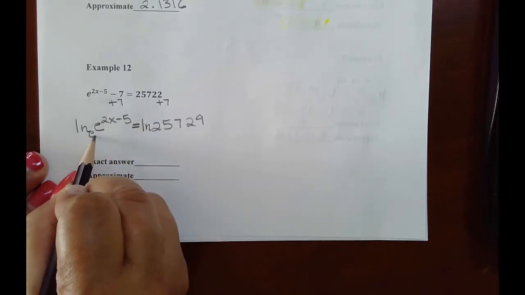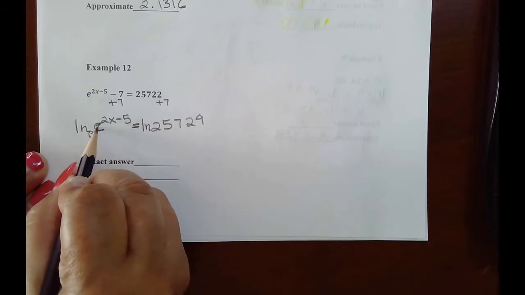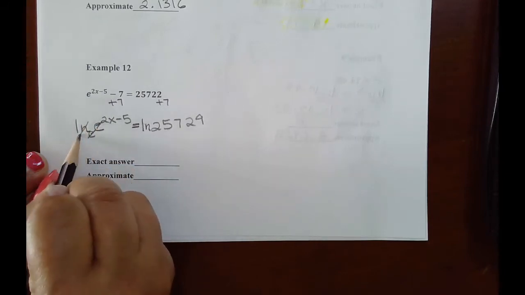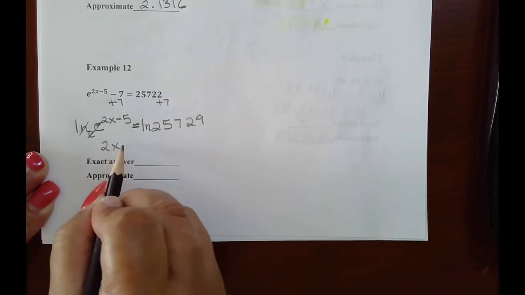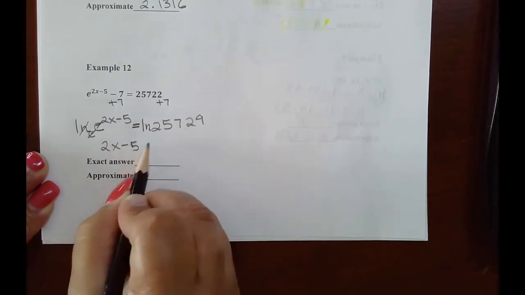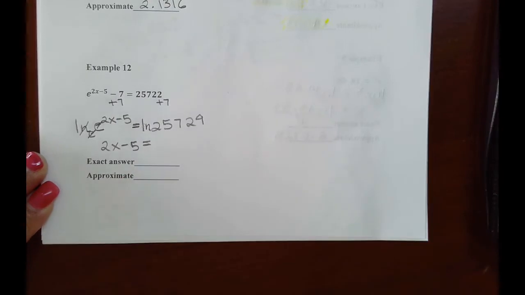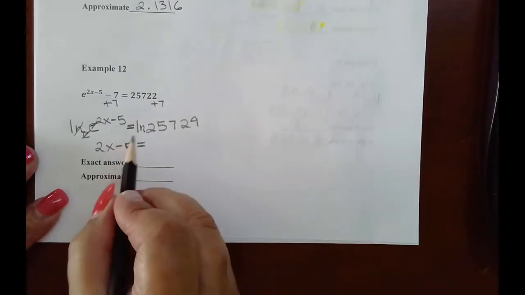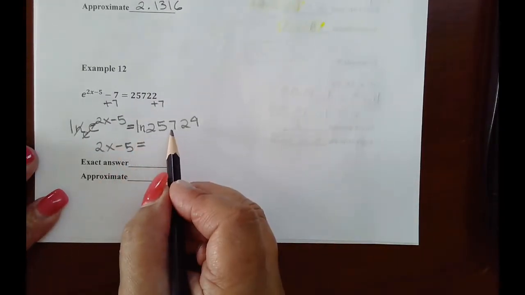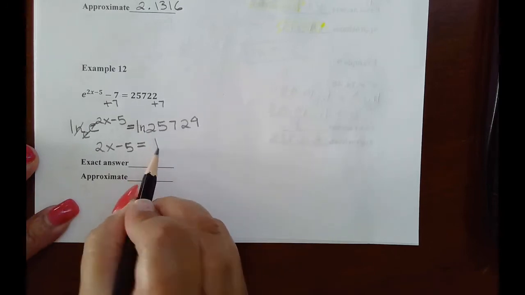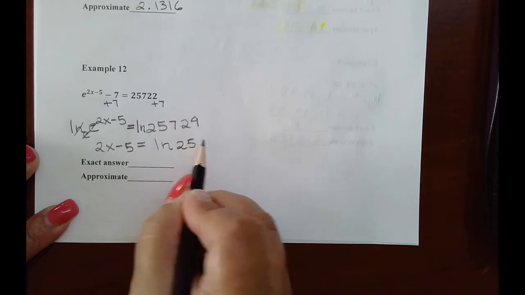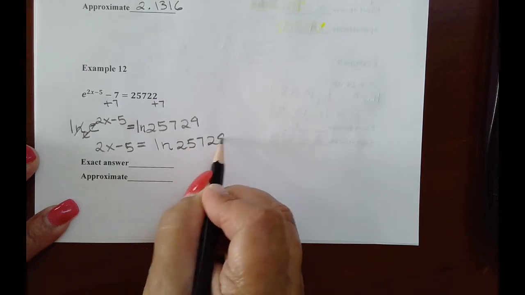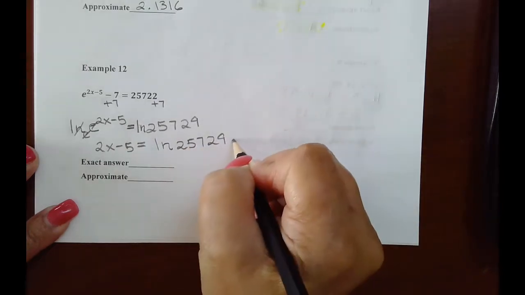Again, that base is e on a natural log, therefore this cancels with this, taking the natural log with it. Okay, on the other side, you don't have the inverse property working for you. That base is e, but yet the argument's 29. So you leave it like this in its exact form, natural log of 29, and then we'll continue up here.